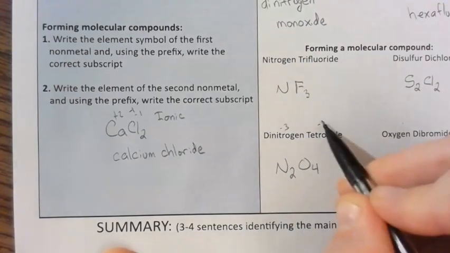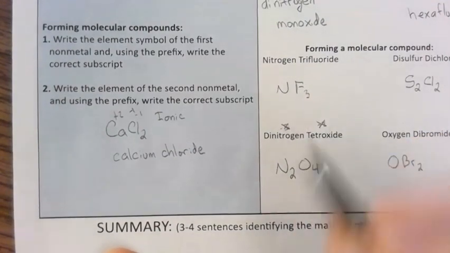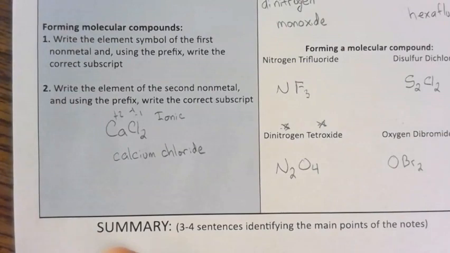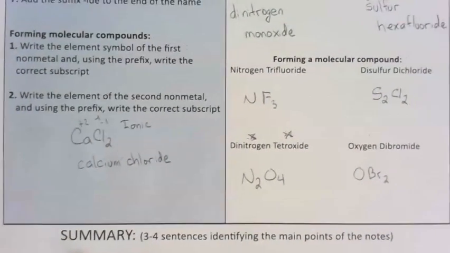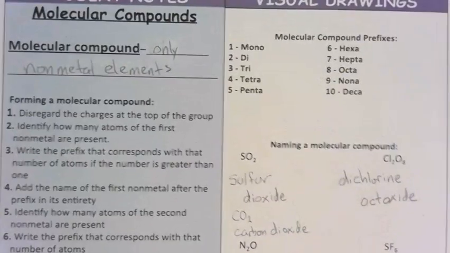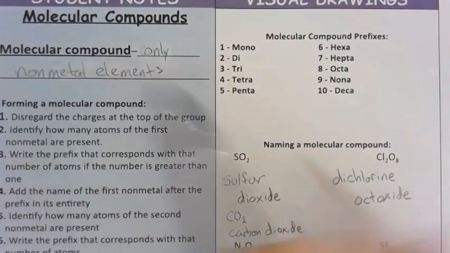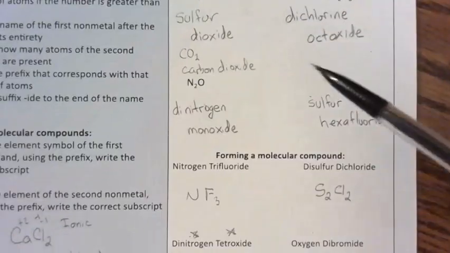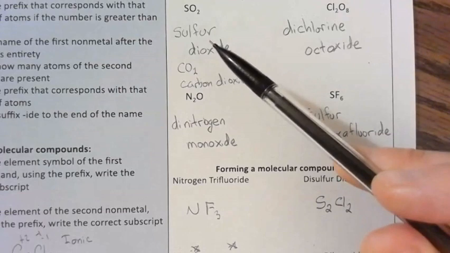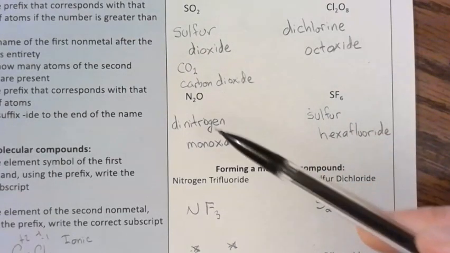Okay, so again, we don't need to worry about getting the charges if we can identify that it is in fact a molecular compound, which again, just to recap, the molecular compound is only nonmetal elements. So every example on this page contained nonmetals like sulfur, carbon, nitrogen, and oxygen.